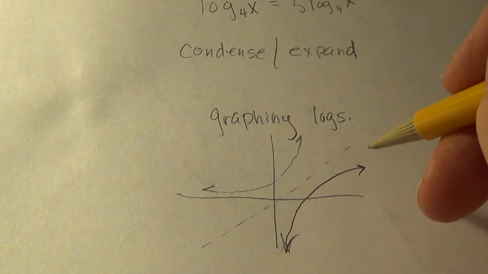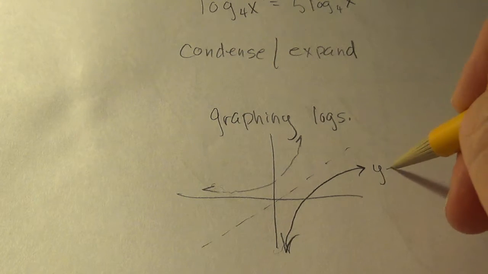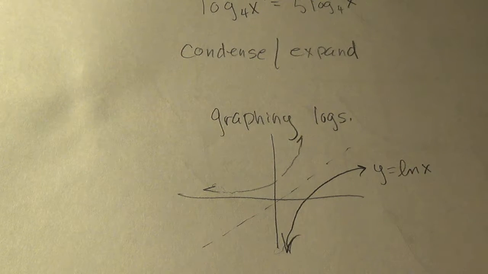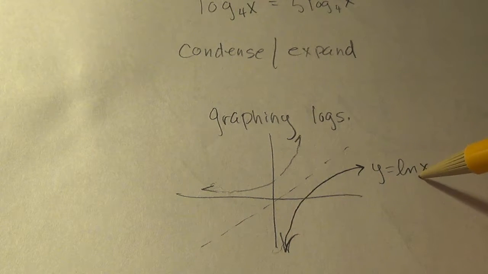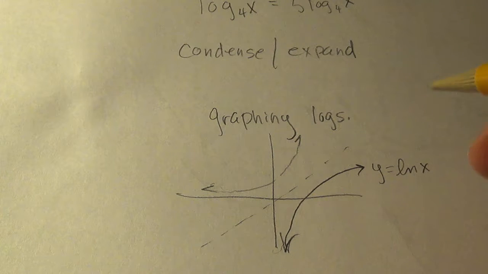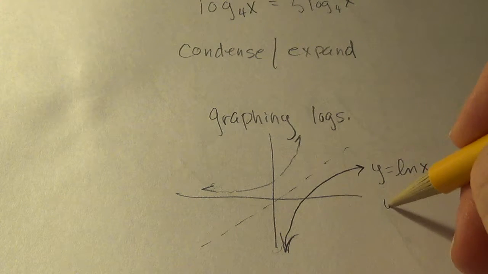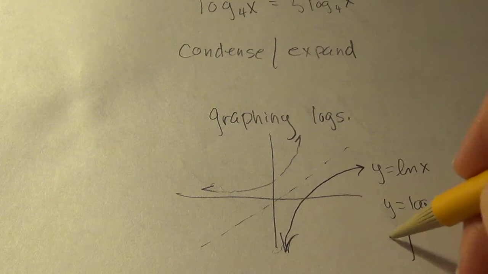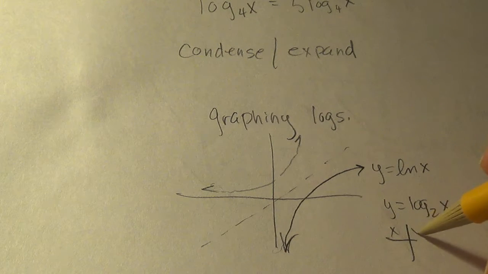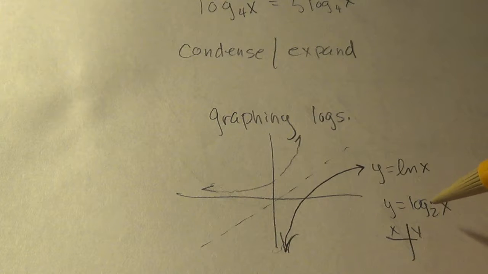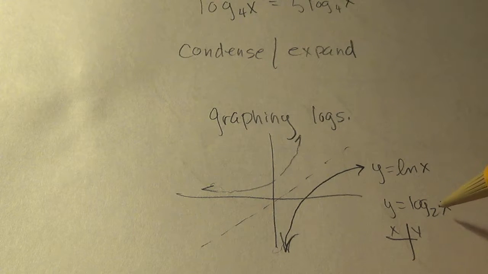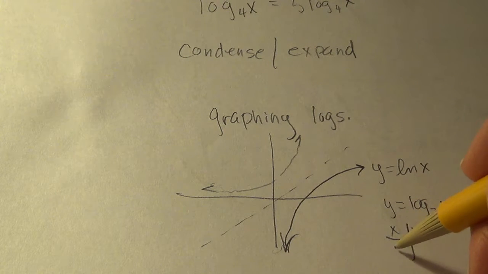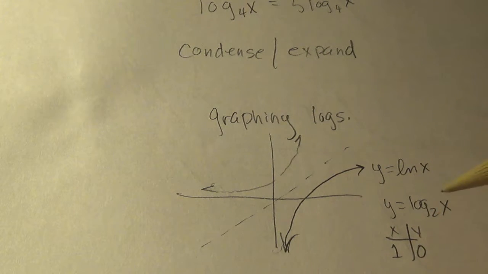So that would be y equals log to the base e, or ln of x. So that base is e, 2.7. So if I wanted to find y equals log to the base 2 of x, I'll do a couple points. What exponent do I give 2 to get 1? And what exponent do I give 2 to get 2?